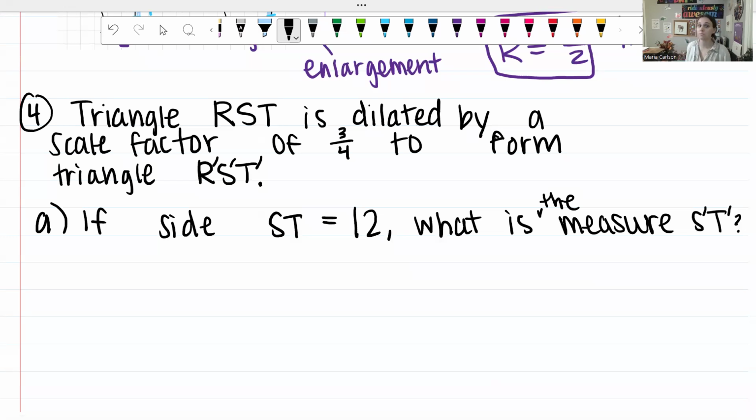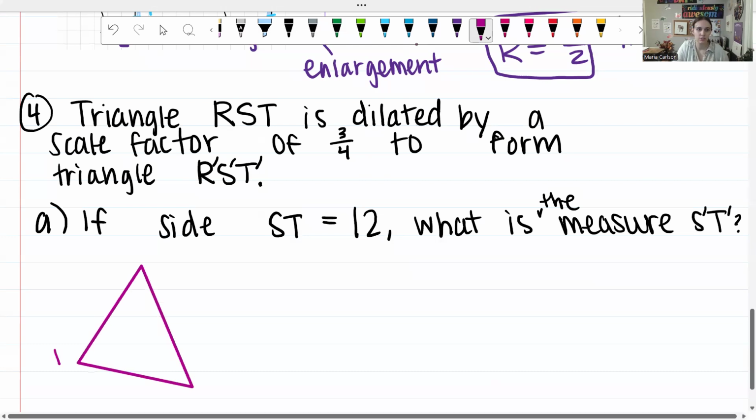So that's the corresponding side in the dilated shape. If you want to draw a diagram, you sure could. So RST is our original, our pre-image. I don't really know much about it, but here will be R, S, and T. And right now, this problem has told me that ST is 12.